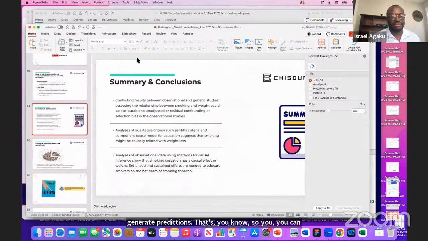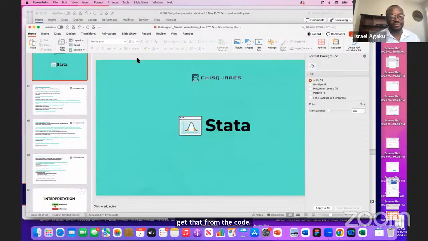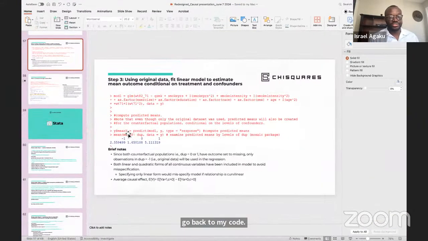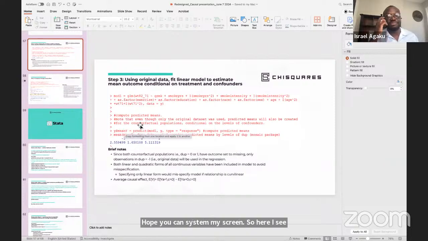In this case here, let me go back to my code. Hope you can see my screen. So here you see mean of y equals predict. In R, for example, there's a command called predict. For you to predict, that means that you must have fitted the regression. My regression was called model 1. So you can see, I first of all fit model 1.